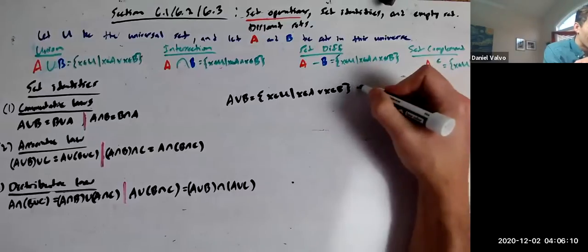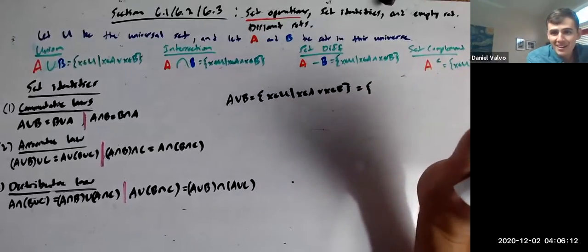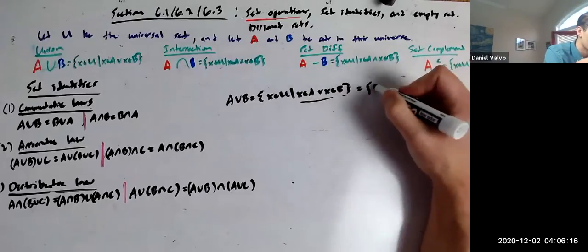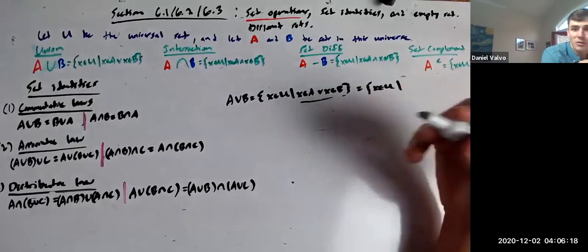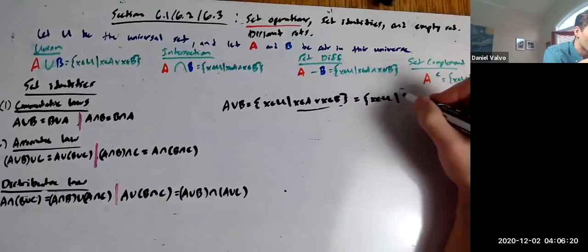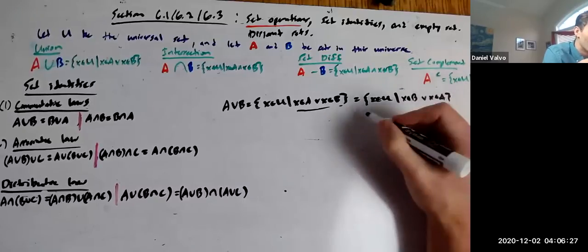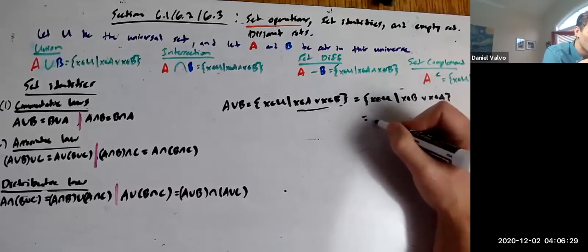But based on our logical laws, x in A or x in B, we know that's the same thing, because of the commutative law for the OR operator, as x is in B or x is in A. But then by definition, this equals B union A.